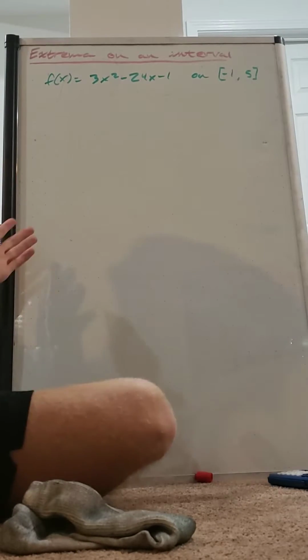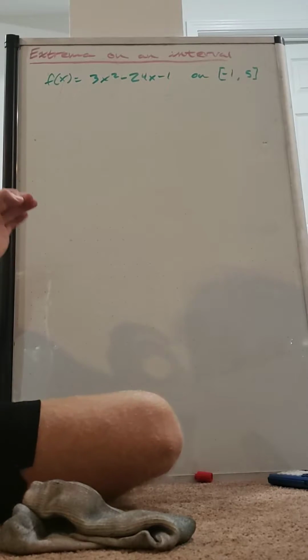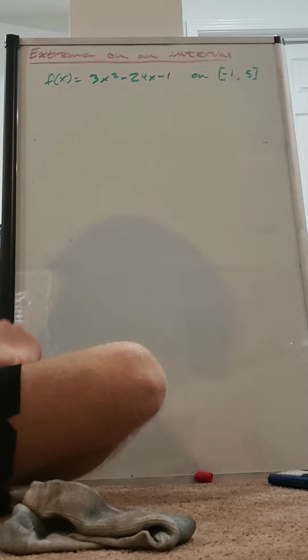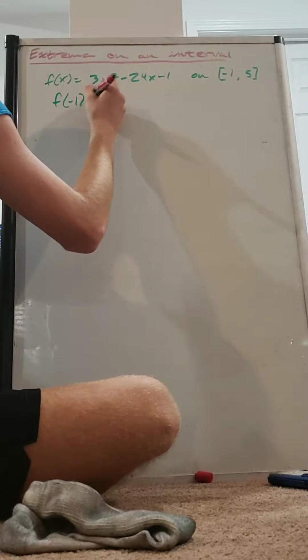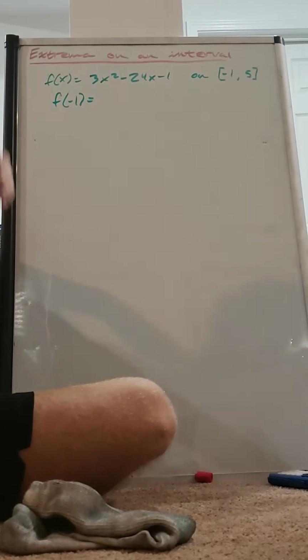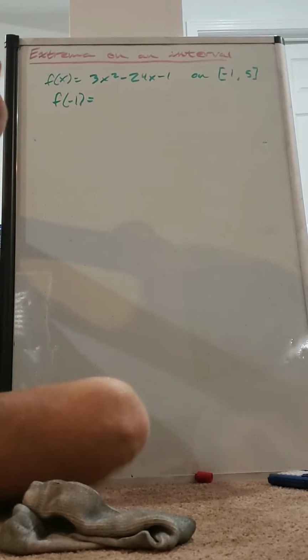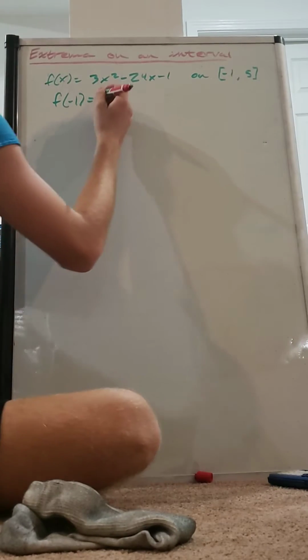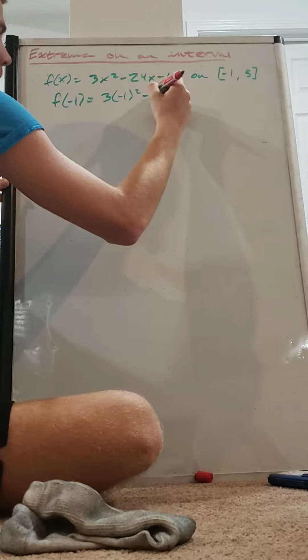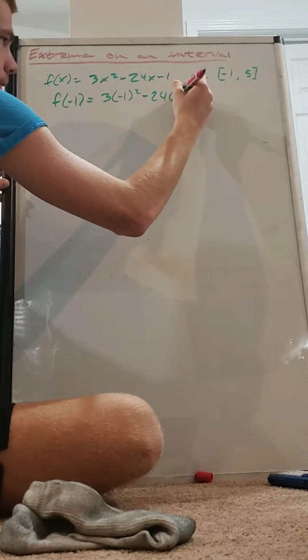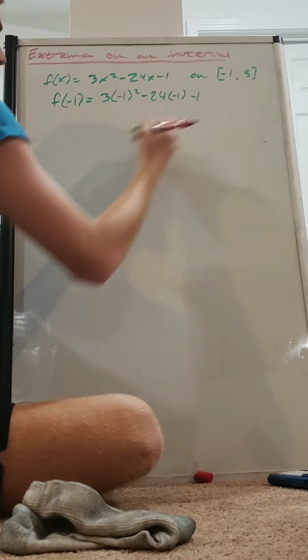So the first thing we do is check our endpoints. That's the easiest thing we have to do here. We just plug in negative 1. We do this because we know our maximum or minimum, our extrema, can occur at the endpoints. So plug in 3 times negative 1 squared minus 24 times negative 1 minus 1.